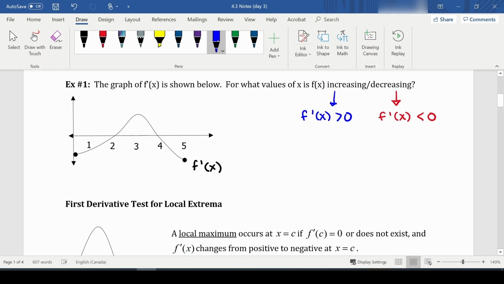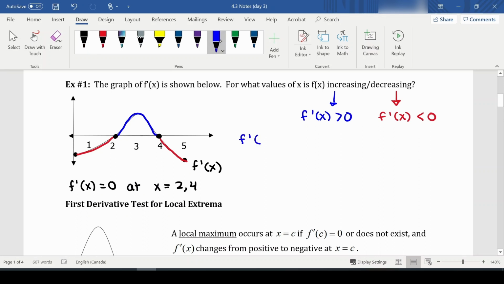Well, f prime would be positive here, where our y values are positive, and f prime would be negative here, where our y values are negative. At 2 and at 4, we are neither positive nor negative. At 2 and 4, f prime is equal to 0. That means that we are neither increasing nor decreasing at these two locations.